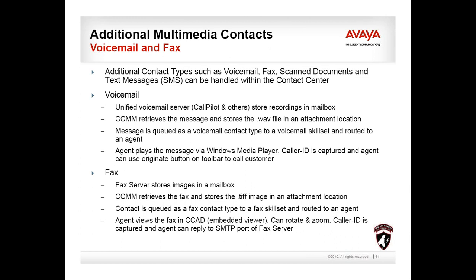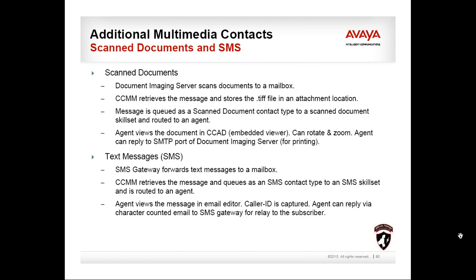So if you had a skill set for fax or skill set for voicemail, being able to queue those so they're populated within your work stream based on priorities and things like that, you can do that too. And then that same feature functionality of presenting it to the agent desktop, being able to queue multimedia contacts, just like a voice contact, being able to have skills for that. You can do that with scanned documents and text messages as well.